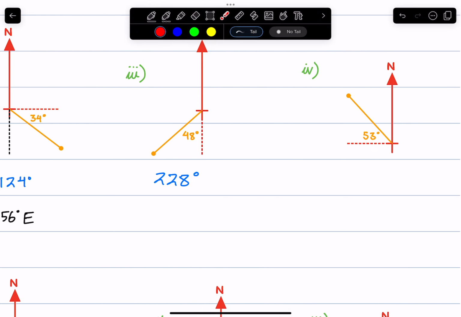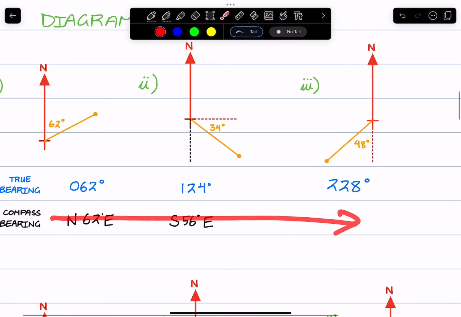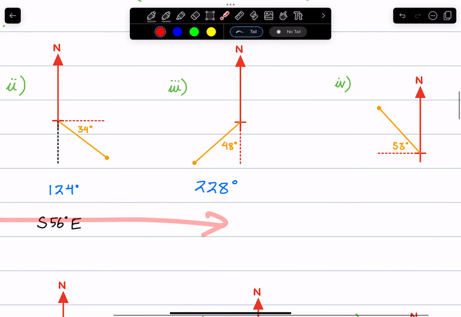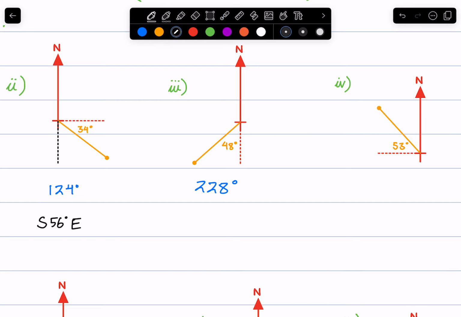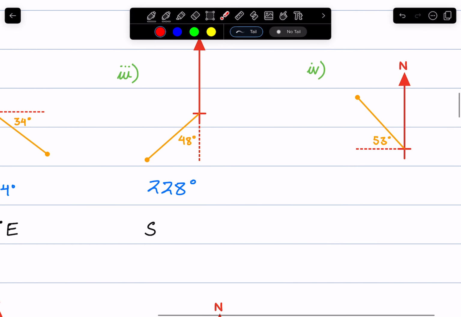And now for this one, the compass bearing for this, we ask ourselves again, is it closer to south or is it closer to north? In this case, it's very obvious. It's closer to the south. And so the next thing we ask is, are we turning towards the west or the east?